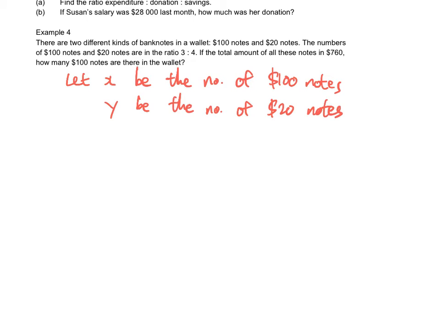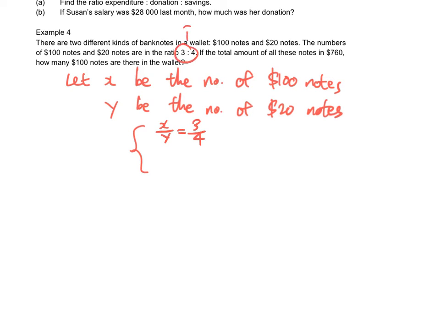And what's the first equation? The number of NOKs is in the ratio of 3:4. x over y equals 3 over 4. Okay. And next one is total amount.